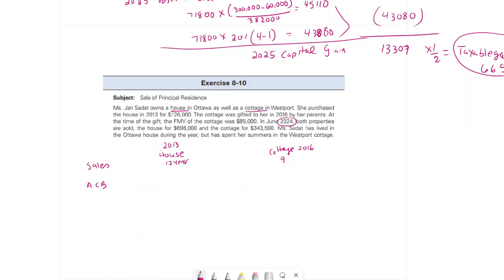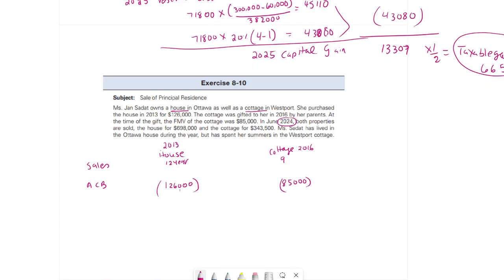She purchased the house for 126, so that's the ACB, and the cottage was gifted to her by her parents. The fair market value of that was 85, so that becomes the cost, 85,000.